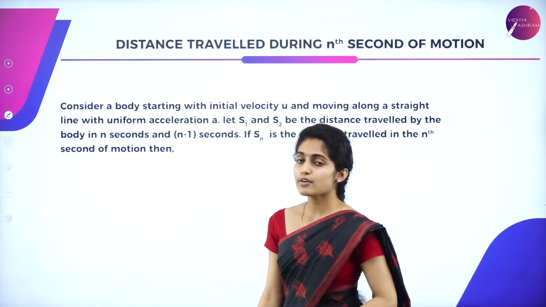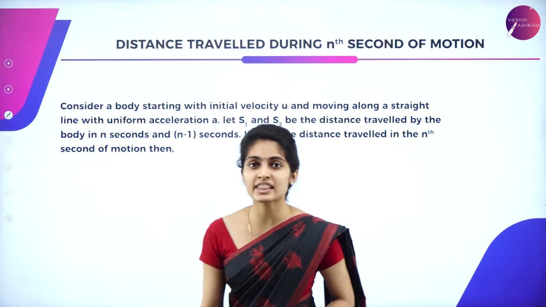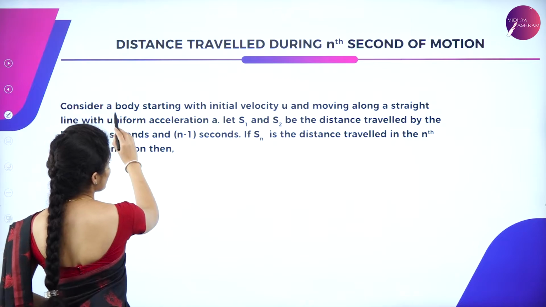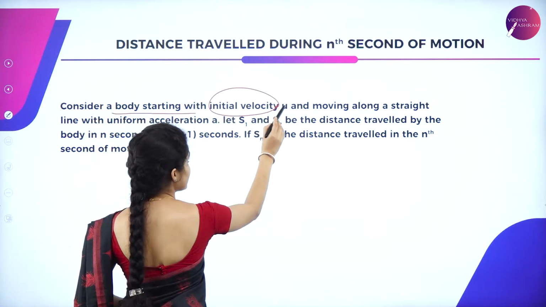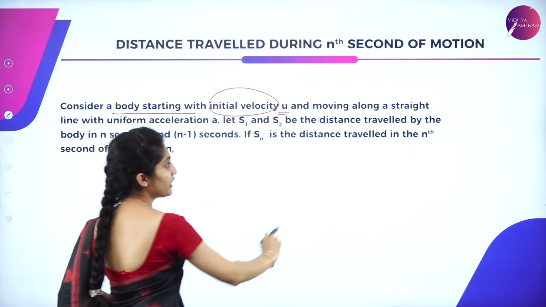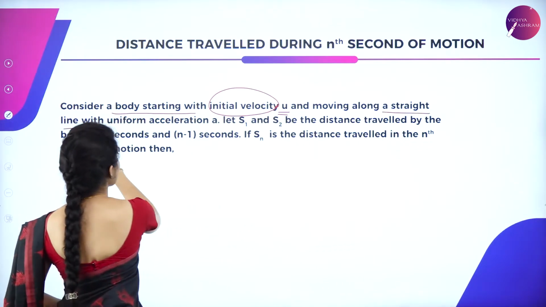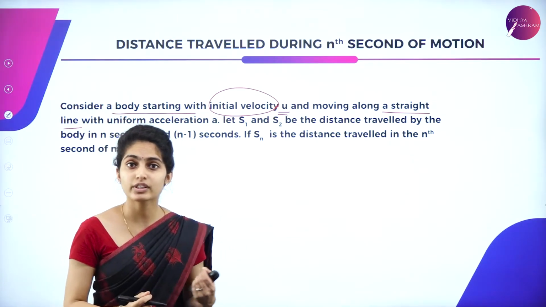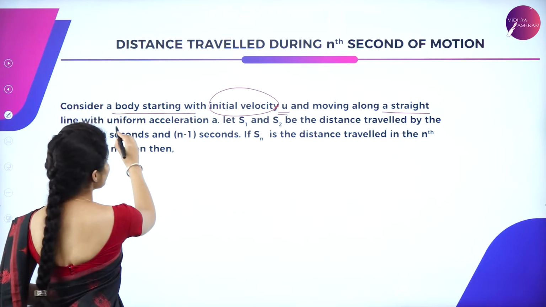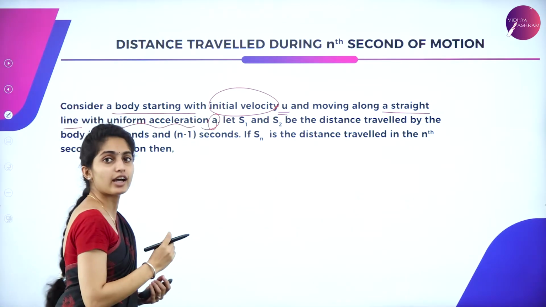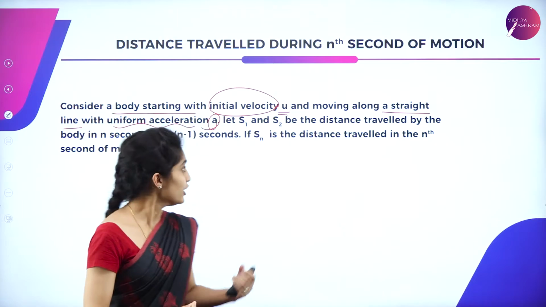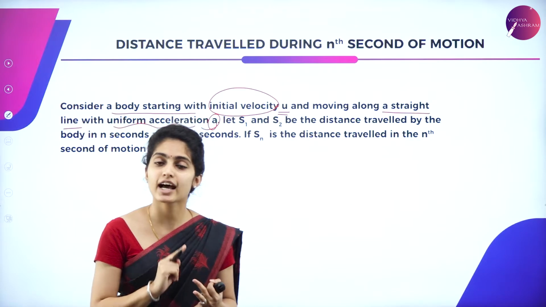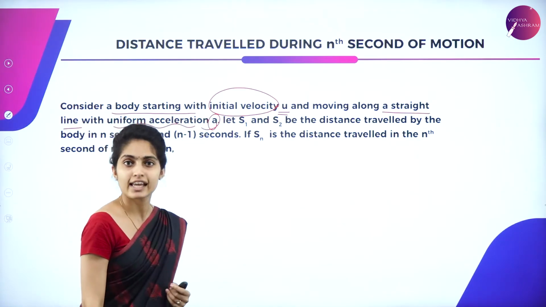So now we have the distance traveled during the nth second of motion. We have to consider a body which is starting with an initial velocity, termed u, and moving along a straight line with a uniform acceleration a.